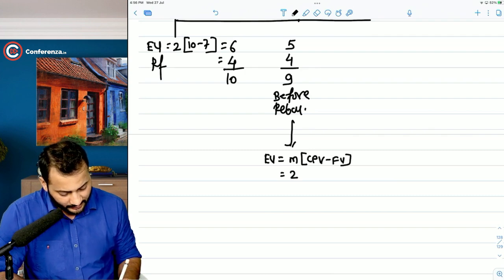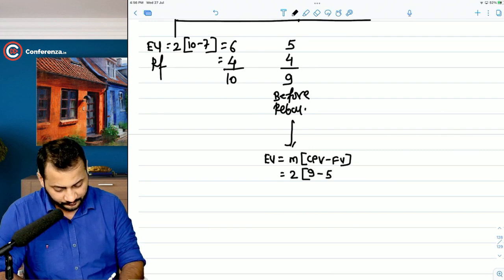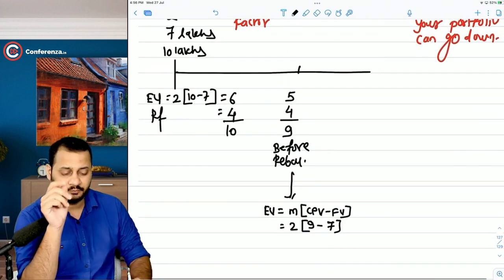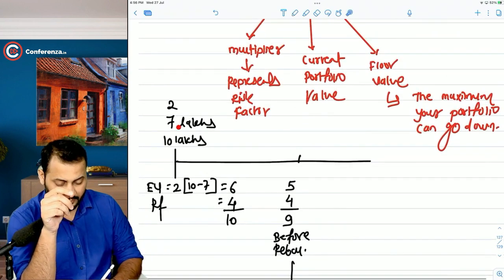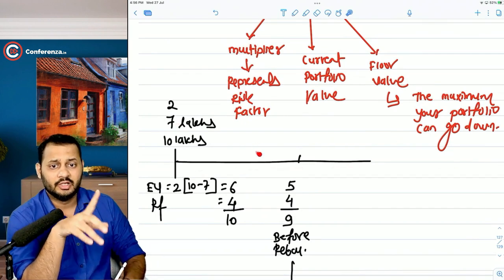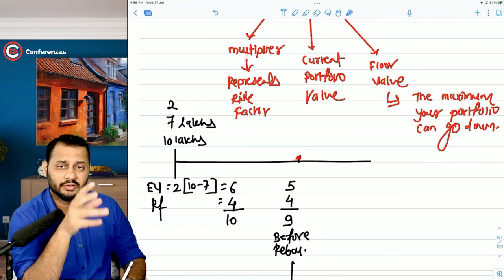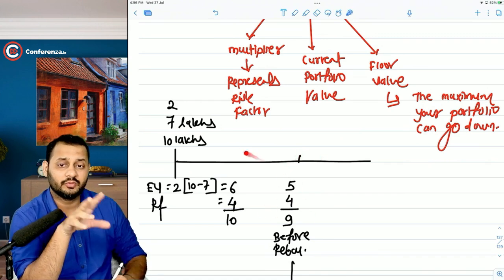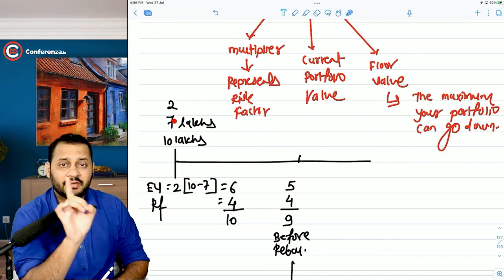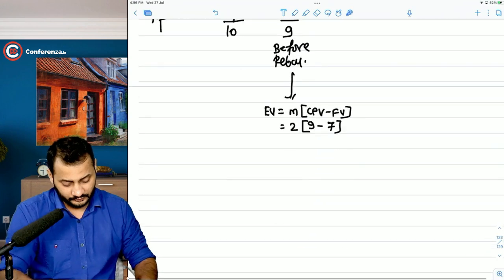So what is the multiplier? 2. Current portfolio value 9. Floor value will always be the same, which is 7. This floor value was estimated as the maximum fall in the entire year, for example, so the first month, second month, third month, and fourth month all come under it. So 7 lakh will remain as the floor value.